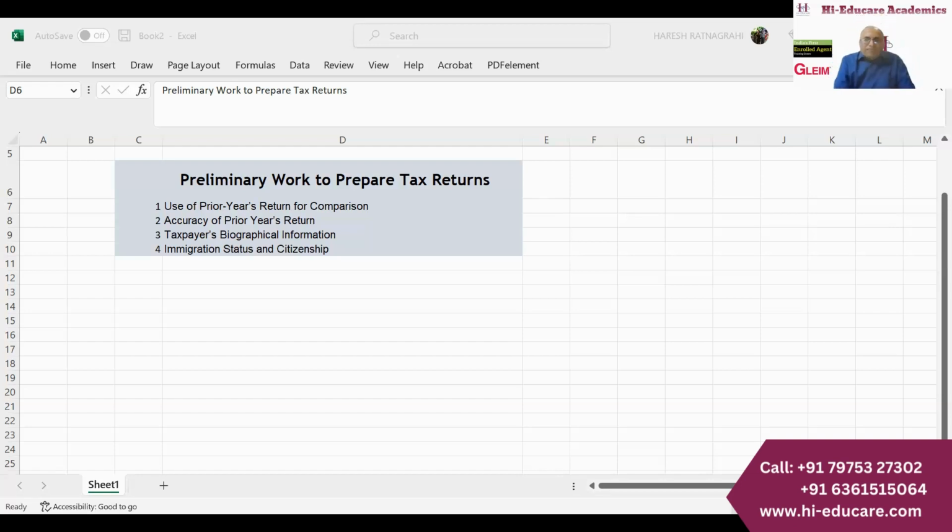So basically, the taxpayer's biographical information is also very important. The taxpayer must provide the enrolled agent with his or her date of birth, age, marital status, and social security number. For example, here we have the Aadhaar number. There is a social security number, but the social security number is used often.